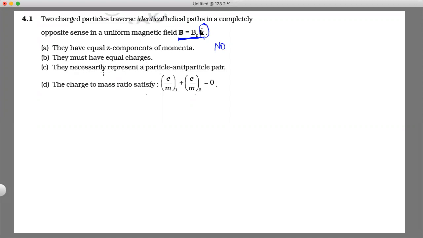They necessarily represent a particle-antiparticle pair, definitely not. So what does it mean? Can the last one be true? How will we find this?